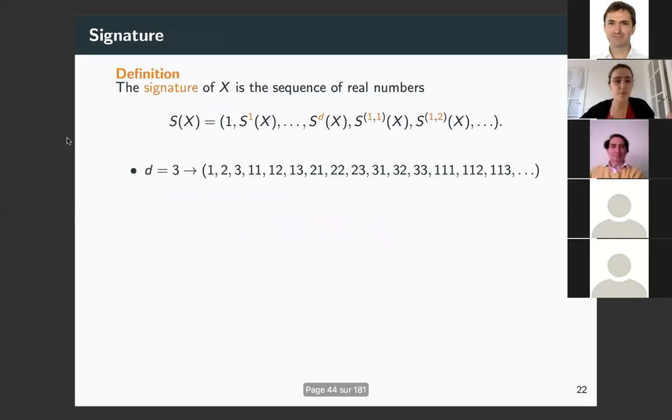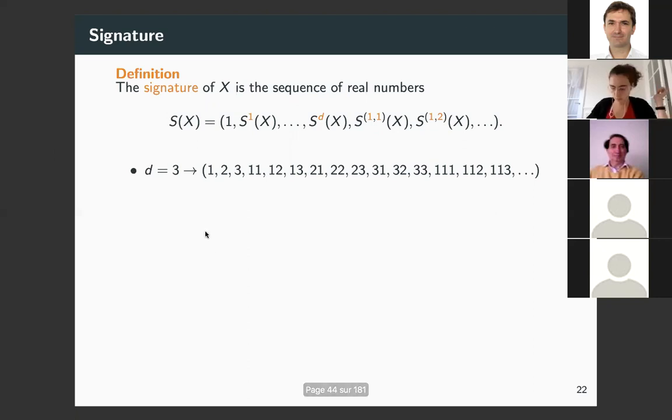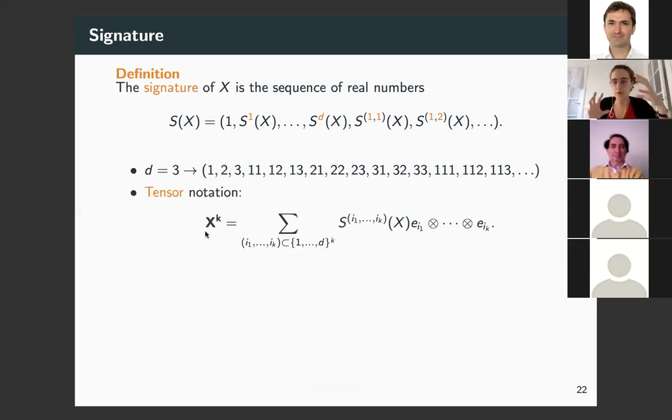So for example, if I am in 3 dimensions, I get all these possible pairs and triplets of coordinates. And maybe as algebraists, the tensor notation is better. You can group all coefficients of order k in a tensor of order k.